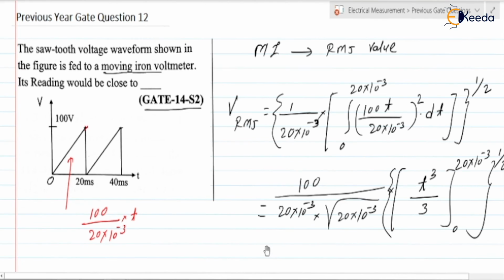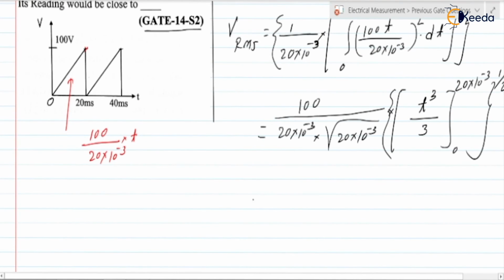So further we can write it as, yes, if we simplify this, I am taking this 3 outside, so it will become root 3. Okay, so it is 20 into 10 to the power minus 3 under root this term into 20 into 10 to the power minus 3 into root 3.